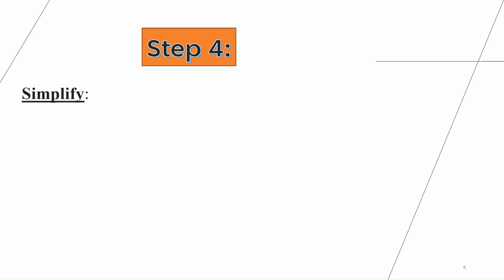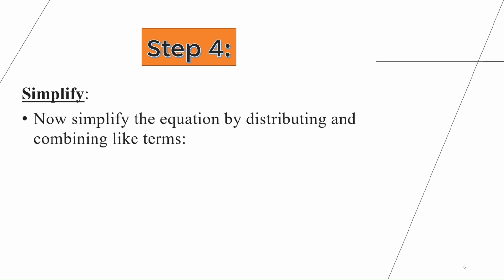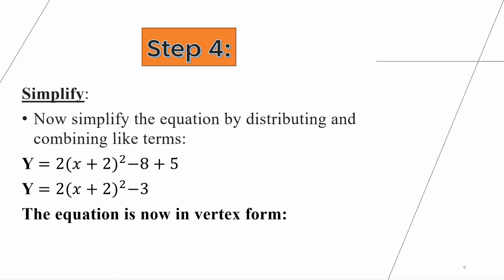Step 4. Simplify. Now simplify the equation by distributing and combining like terms. y equals 2 bracket x plus 2 all squared minus 8 plus 5. So y equals 2 bracket x plus 2 all squared minus 3.